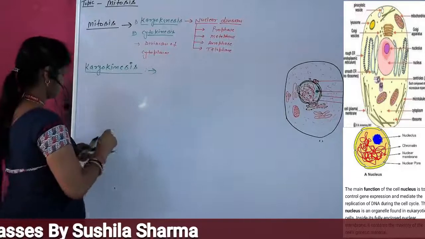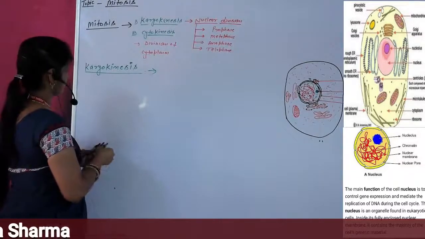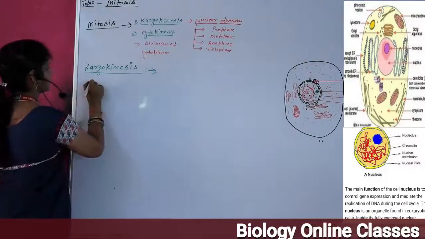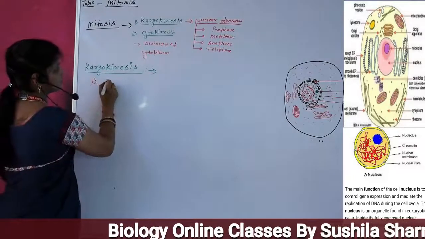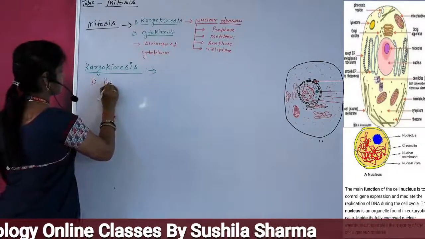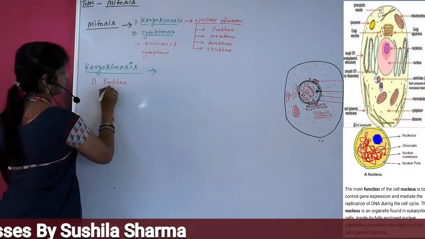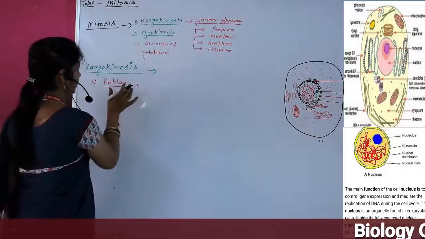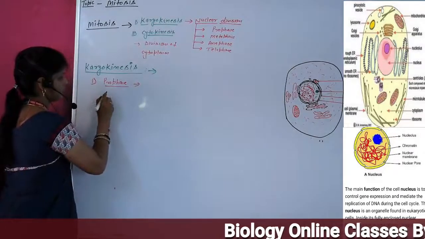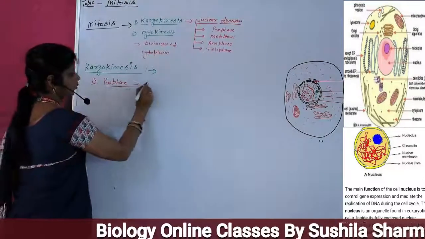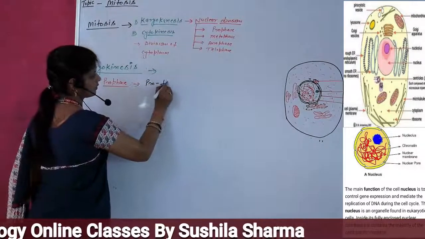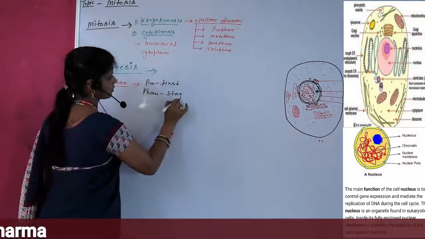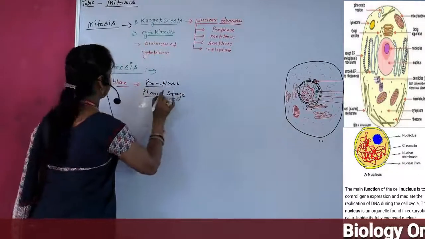In karyokinesis, the first step is prophase. Pro means first, phase means stage, so it is the first stage of mitosis division.